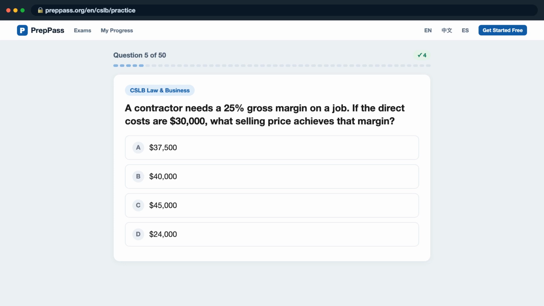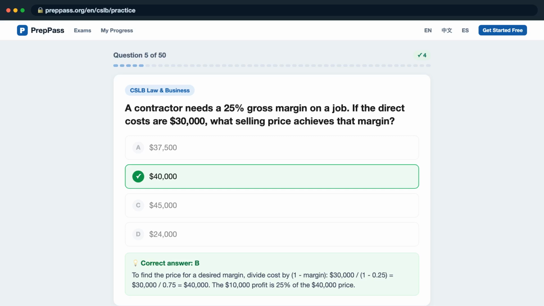D, $24,000? The correct answer is B. To find the price for a desired margin, divide cost by 1 minus margin. $30,000 divided by (1 minus 0.25) equals $30,000 divided by 0.75 equals $40,000. The $10,000 profit is 25% of the $40,000 price.